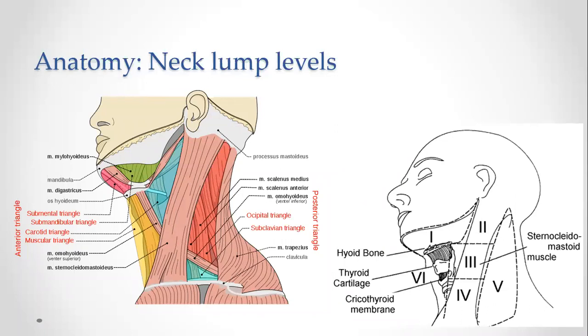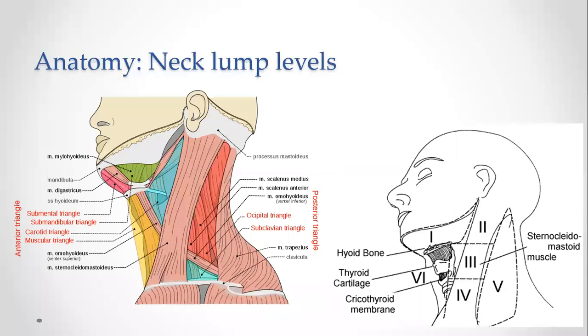The boundaries of the neck are: the upper border is the lower border of the mandible, the anterior border is the midline, the posterior boundary is the lateral border of the trapezius muscle, and the lower boundary is the clavicle.